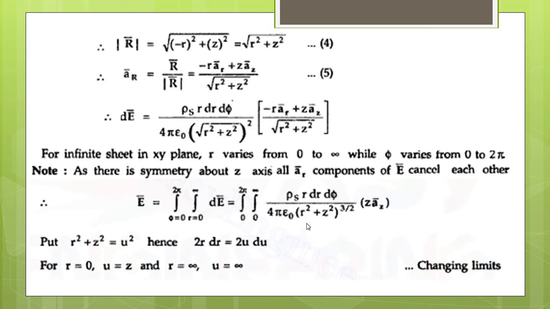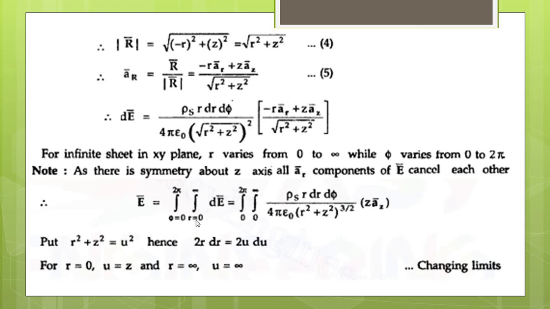Now we'll use some substitution here. Let r square plus z square is equal to u square. Now differentiate this on both sides. We get 2r dr equal to 2u into du. Now these are the limits for r. So here we need to find the limits for u also.